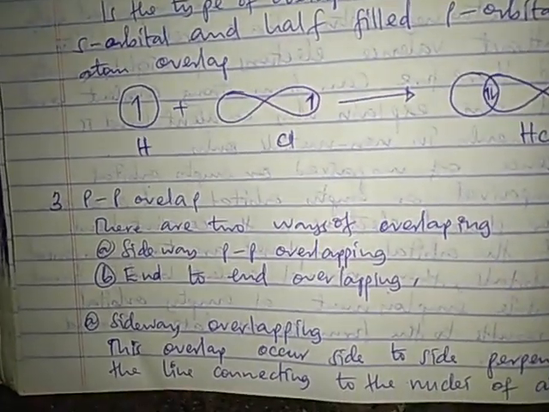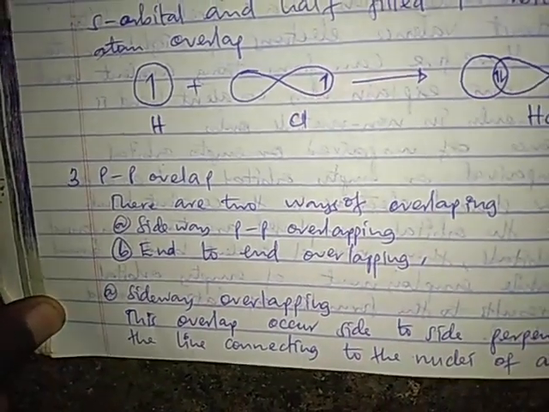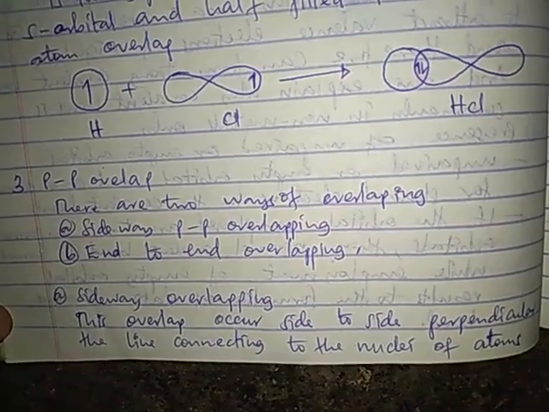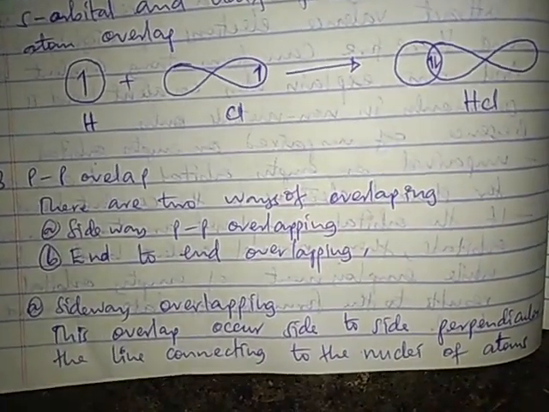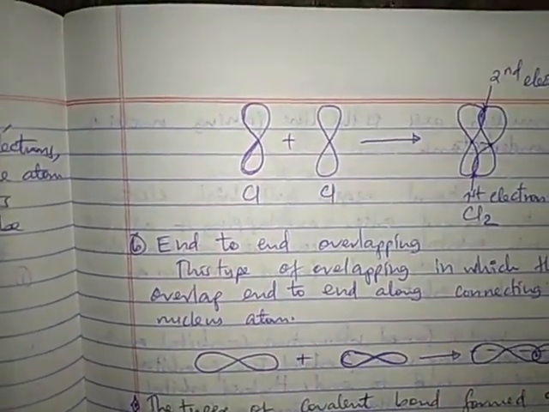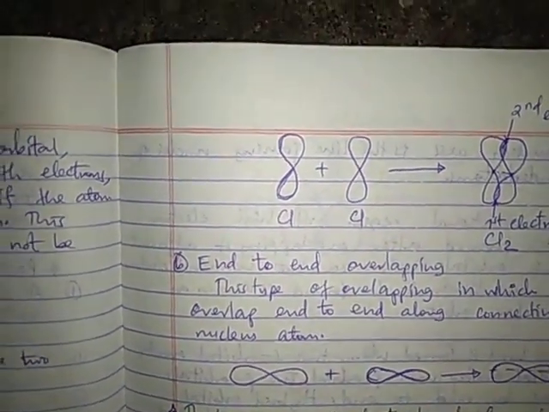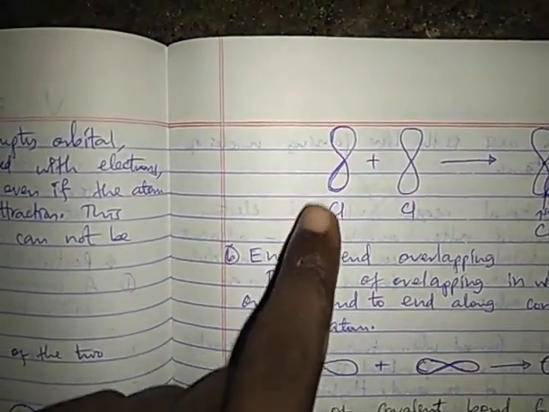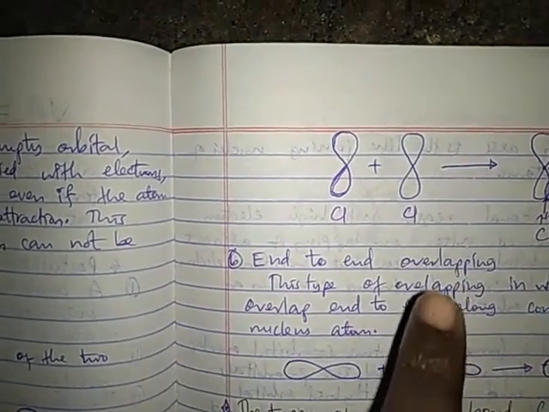Now what is sideway overlap? In sideway overlap, the overlap occurs side to side, perpendicular to the line connecting the nuclei of the atoms. A good example of sideway overlap is here. As you can see, this is vertical and this is vertical.